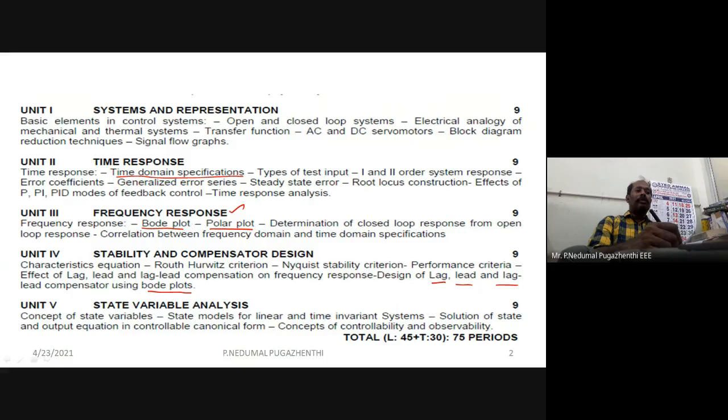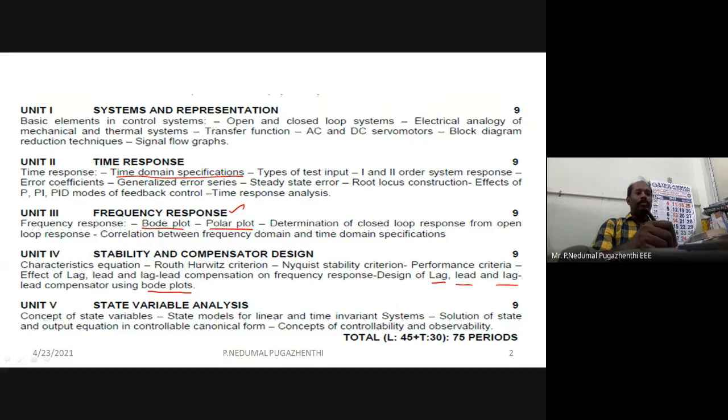If you are familiar with this topic, you will be able to apply it in your fourth unit and design a system according to the specifications provided, which is called compensator design. We will talk about that in the fourth unit, but the base is here.